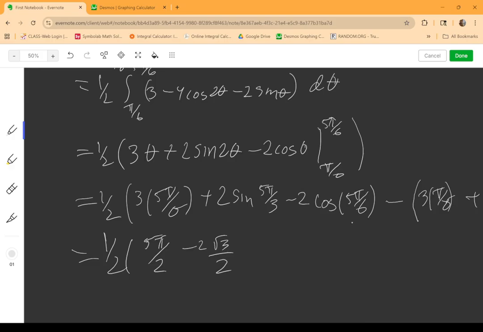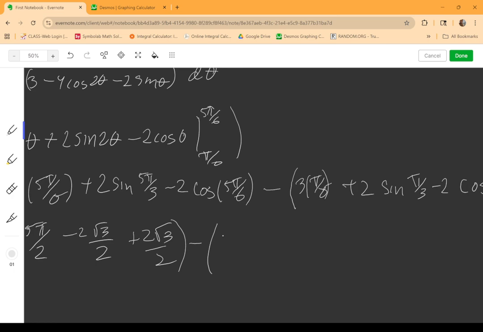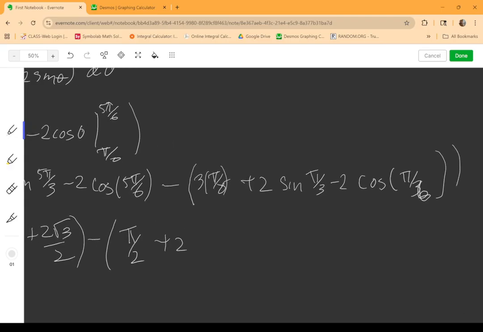And 5 pi over 6, that's in quadrant 2, so cosine is negative, so plus 2 root 3 over 2. All this gets multiplied by 1/2. And then minus pi over 2 plus 2 sine of pi over 3, that's root 3 over 2, minus 2 root 3 over 2.